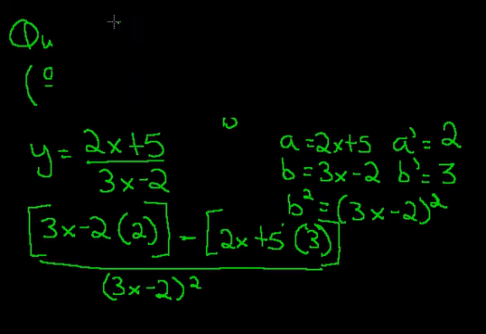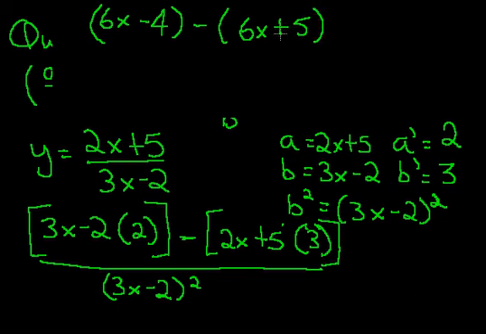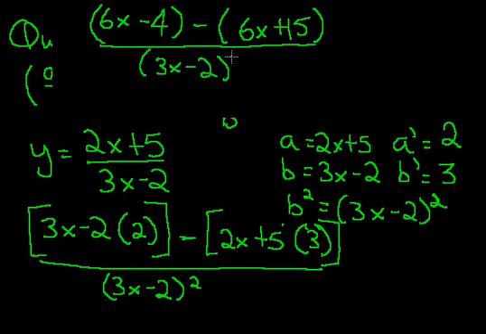We can multiply 2 by this expression. 2 times 3x is 6x. 2 times negative 2 is negative 4, so it's 6x minus 4. And then we have minus, and 3 times 2x is 6x, and 3 times 5 is 15. And this is all over (3x minus 2) squared.